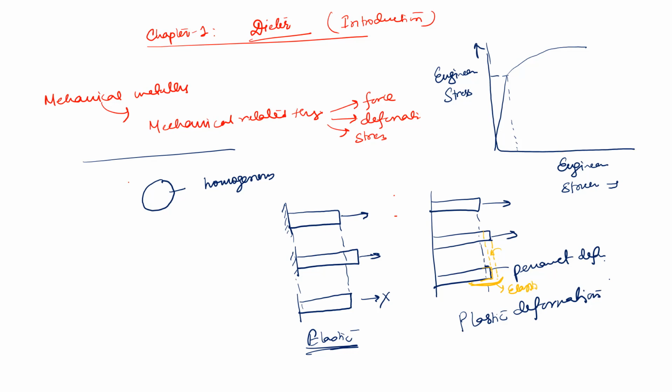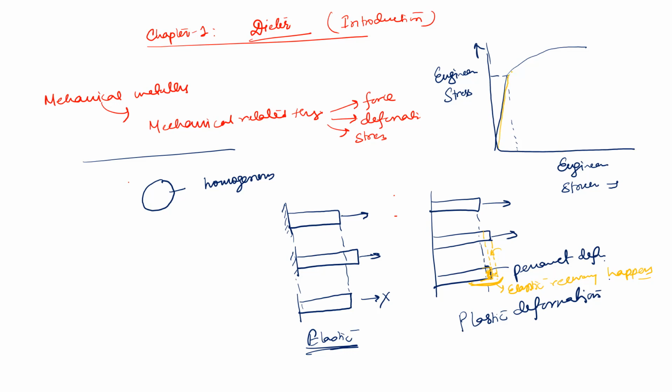Here elastic recovery happens, but the recovery is not complete because it has been permanently deformed also. What is the permanent deformation? This limit. And what is the elastic deformation? This limit. So elastic recovery also happens when we go beyond into the plastic region. This is how we can understand it.